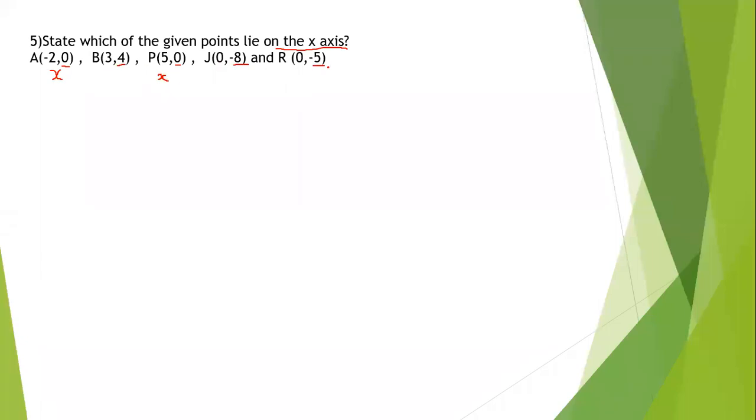So after solving this, I got point A and point P on the x-axis. So in the answer, we will write point A and P. Just go through the sum. It is very easy. Only one line answer and you can get 1 mark in the exam.